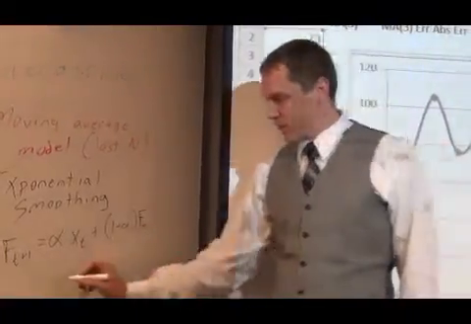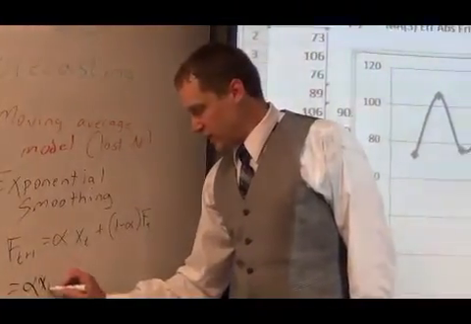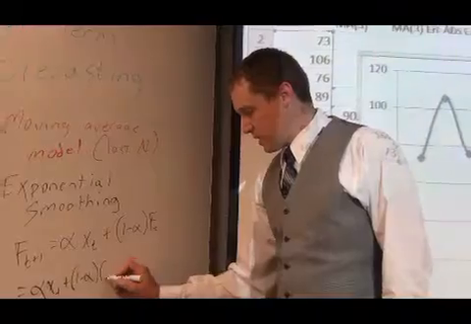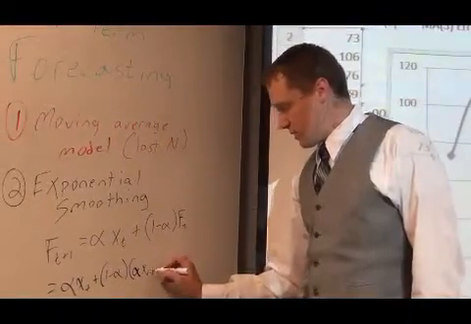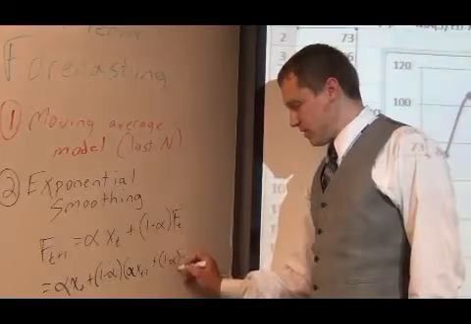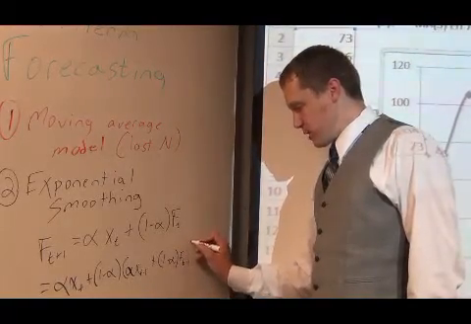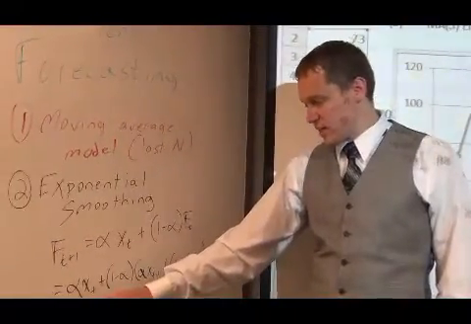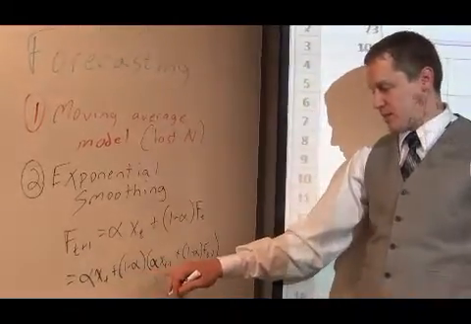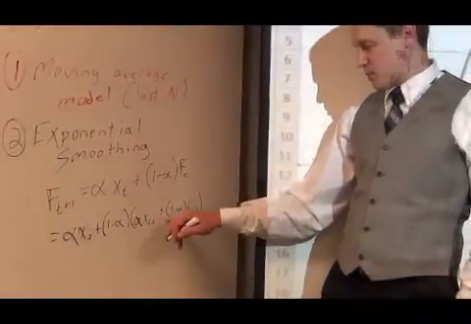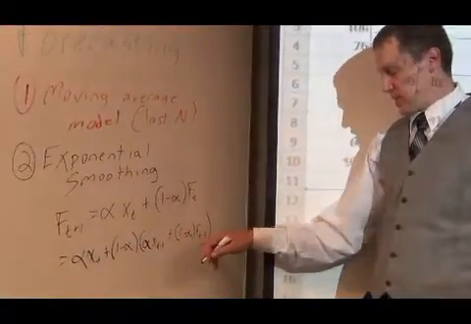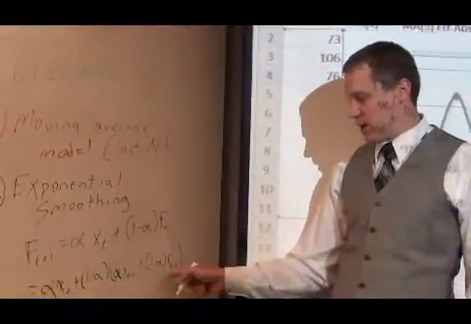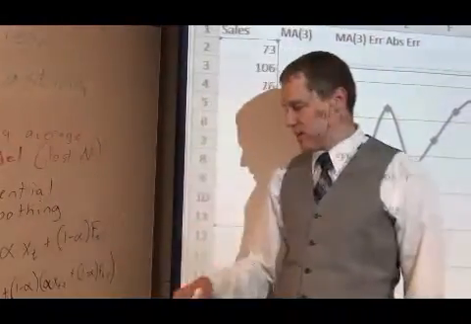Remember, if we write this out, alpha x_t plus 1 minus alpha times the prediction at t, which we predicted as alpha x_(t-1) plus 1 minus alpha times the prediction at t minus 1. And you could fill in that value and see that it would rely on x_(t-2), that is 2 time units in the past, and so forth.